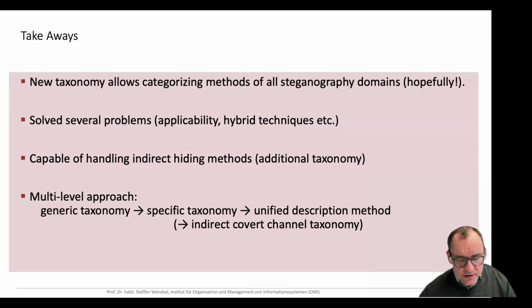The takeaways. We wanted to categorize all methods in steganography. That's why this taxonomy is very broad, it's abstract, it's a high-level thing. With a 3-tier approach, so that you can also refer to specific and detailed aspects of hiding methods. We can handle indirect hiding methods, and we've solved several problems that taxonomies usually have.